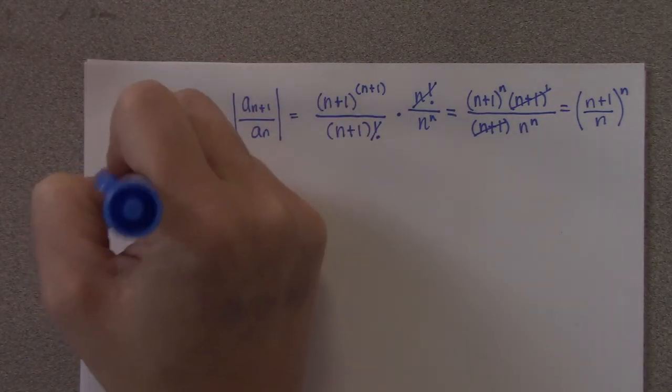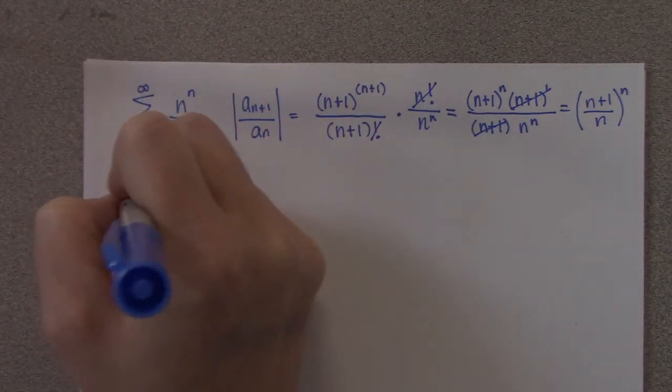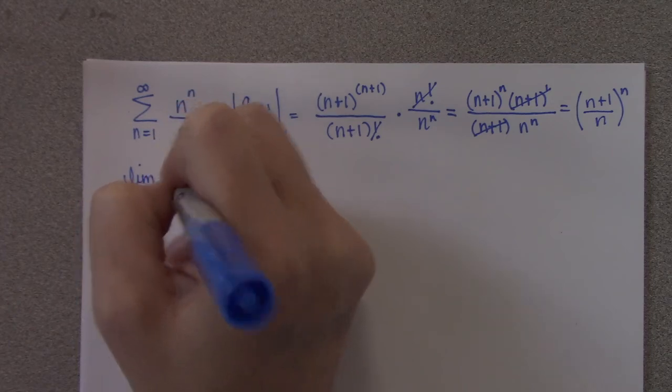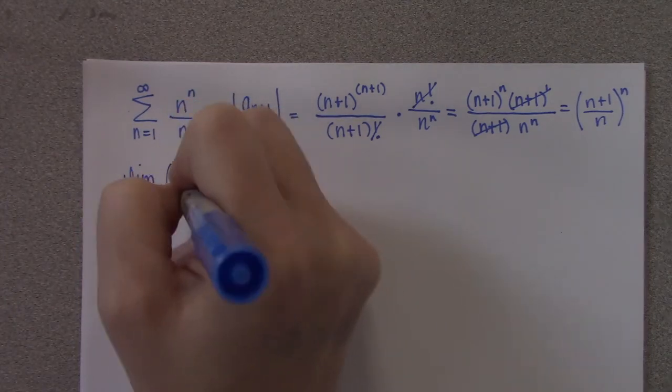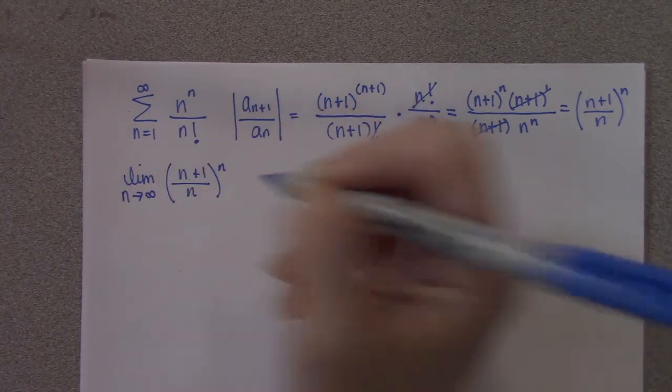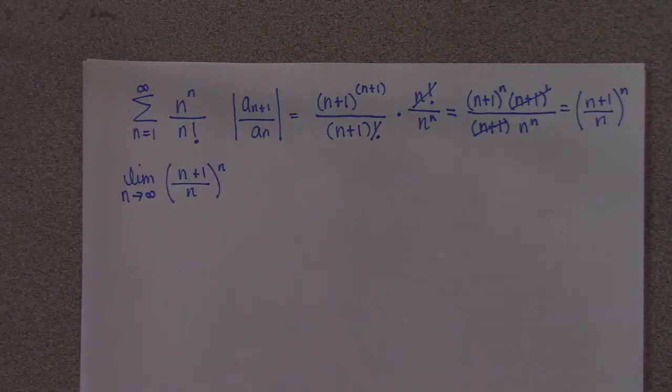So this is what I want to take the limit of. Now, remember, you can't just say this is 1 to the n, so it's 1. That's not how this works, okay? We actually have one of our known limits where we had an expression raised to the n, and I'm like, this might be a version of e, okay?